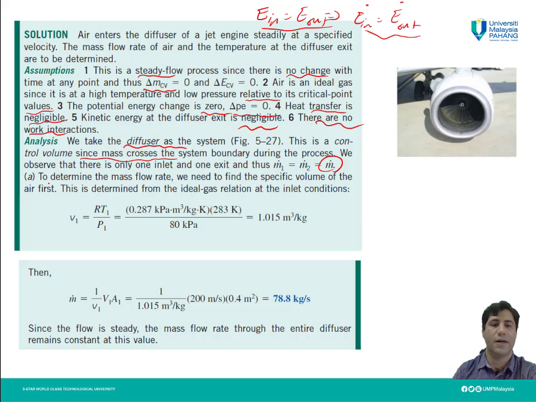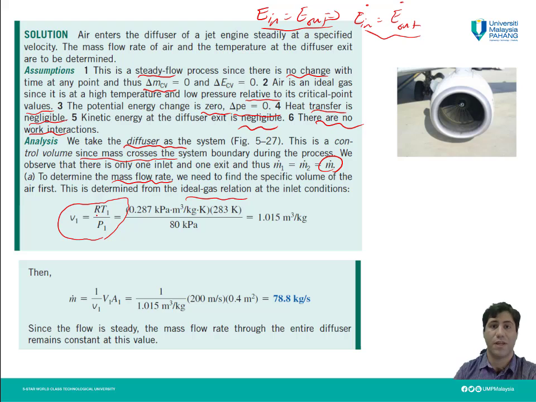Then to determine the mass flow rate, initially, we need to use the ideal gas relation. V1, which is the specific volume, V1 equals R T1 divided by P1. You know this equation is the ideal gas relation, which we have already discussed. So R for air, from the table which we had earlier, we have discussed in chapter 3.